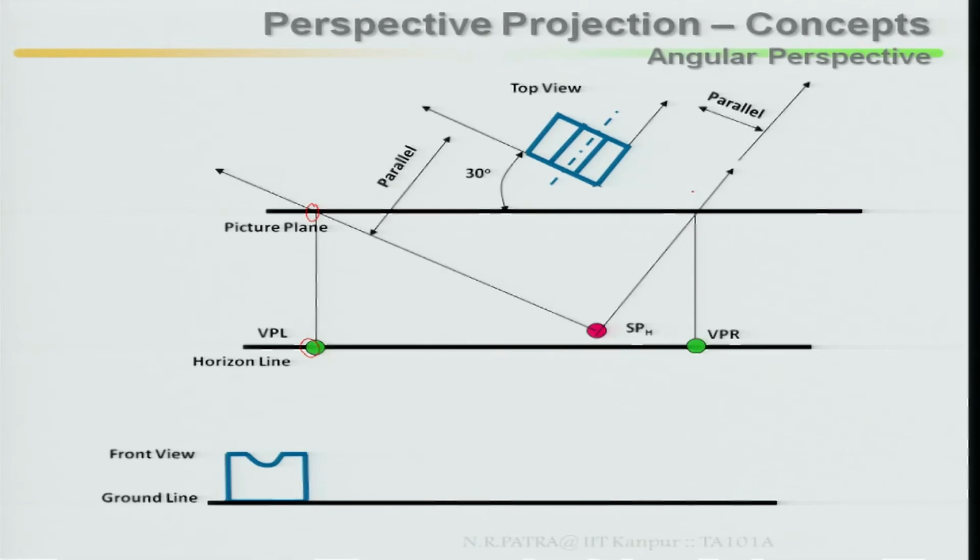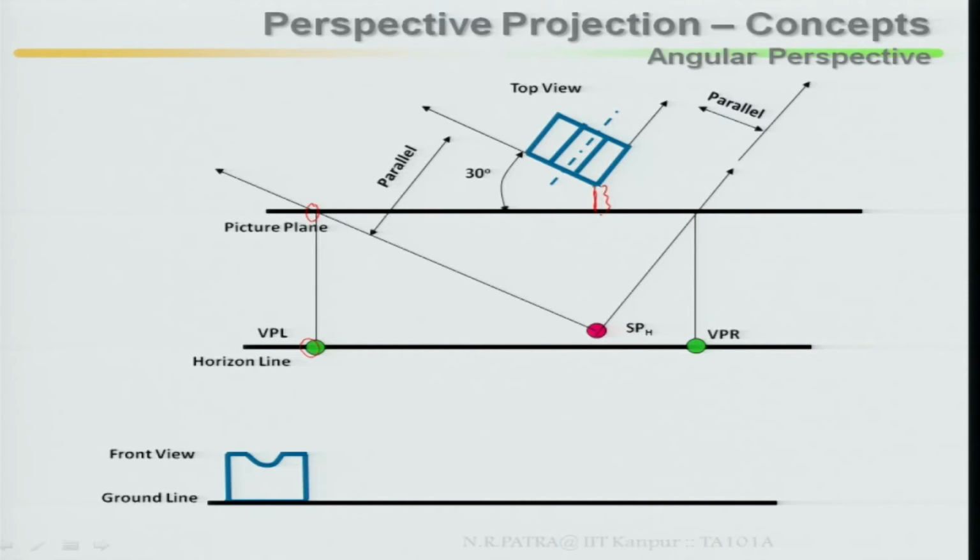Then, once you have the station point, vanishing point left and vanishing point right, you go for this. If you look here, this edge is far away from the picture plane by this distance, it is not touching. You first assume as if this edge touches your picture plane, then start in that way.